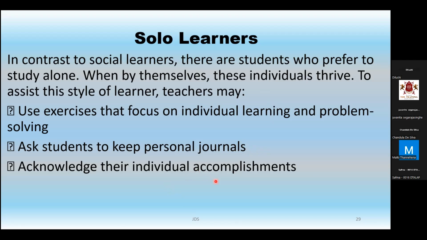Acknowledge their individual accomplishments. Basically, reward them. When they perform well, maybe in an examination or maybe in the class, acknowledge. Just reward them with verbal rewards or any kind of physical rewards.